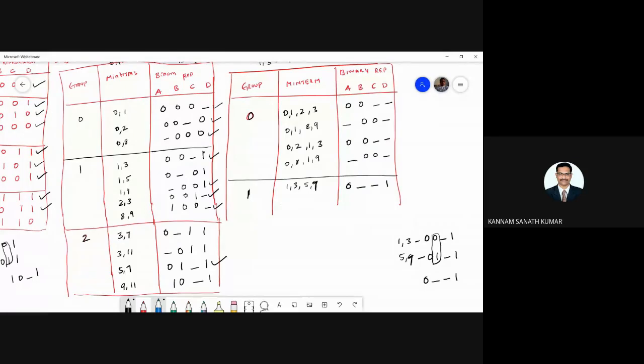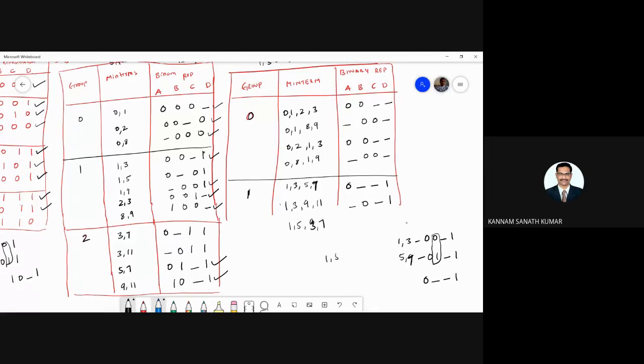And next 1, 3, 9, 11. If you see, directly I am writing, you will get dash 0 dash 1. Okay, so 1, 3, 9, 11. And next 1, 5, 3, 7.